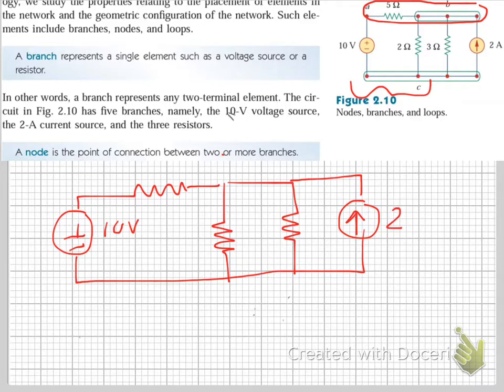So what we know from Kirchhoff's current law is that the sum of currents entering a node is equal to the sum of currents leaving a node, right? So obviously, because here there's a voltage source and a resistor, there is a current entering there, right? And here, as you can see, this is a current source.